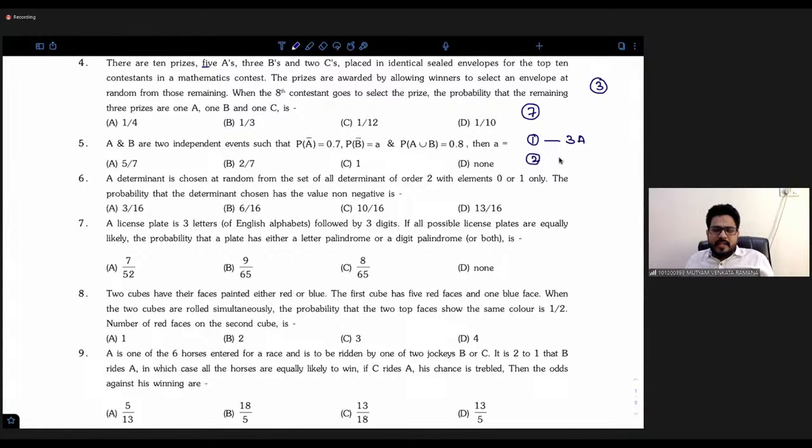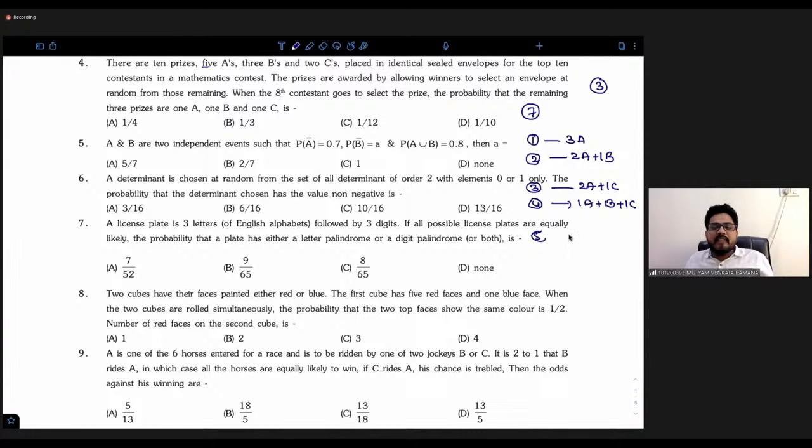Case 2 is 2 A's plus 1 B. Case 3 is 2 A's plus 1 C left out. Case 4 is 1 A plus 1 B plus 1 C left out.